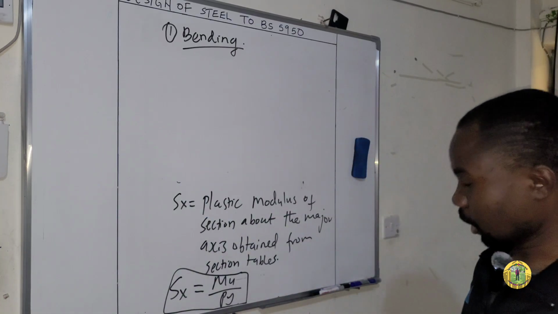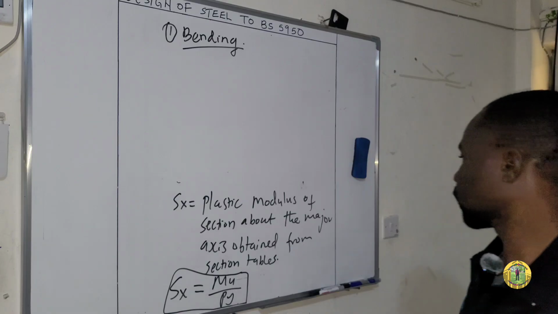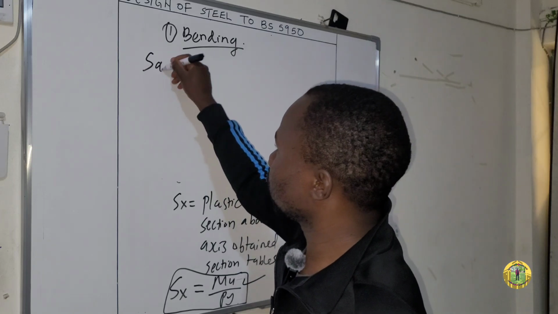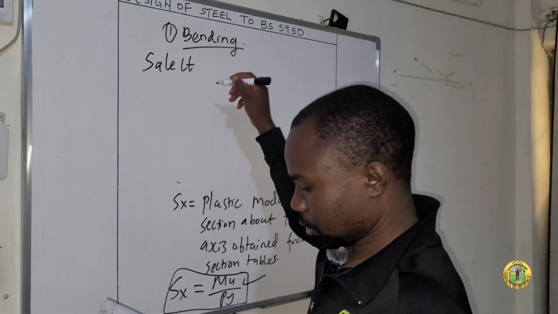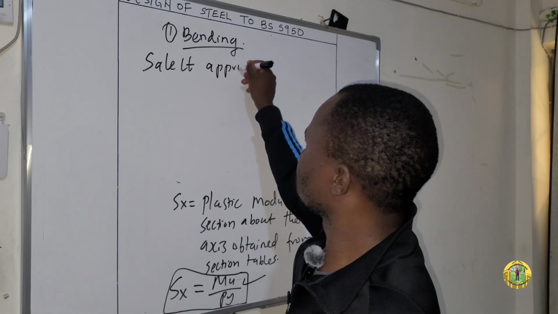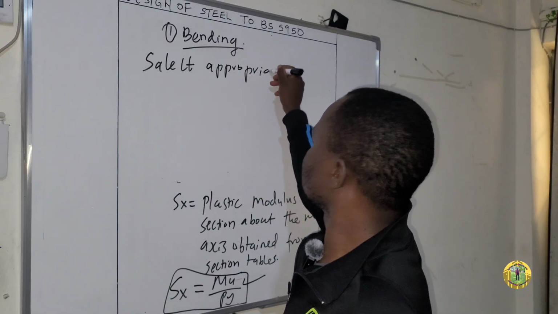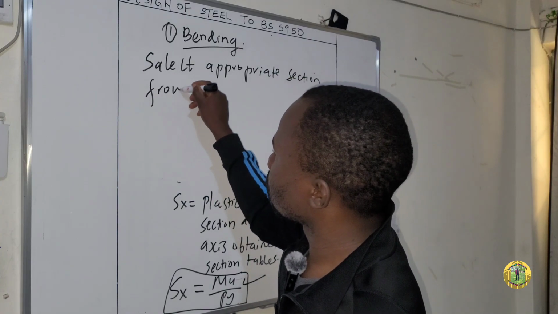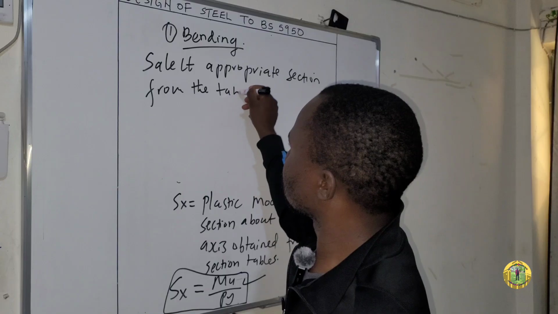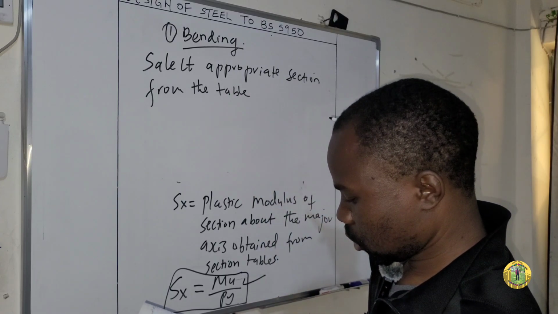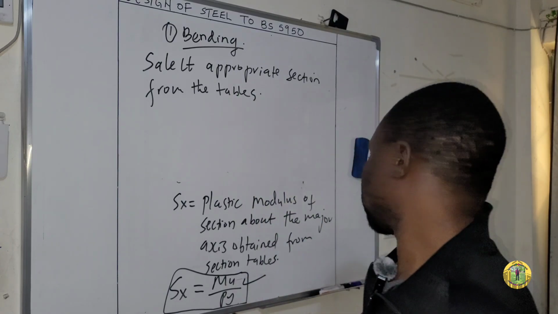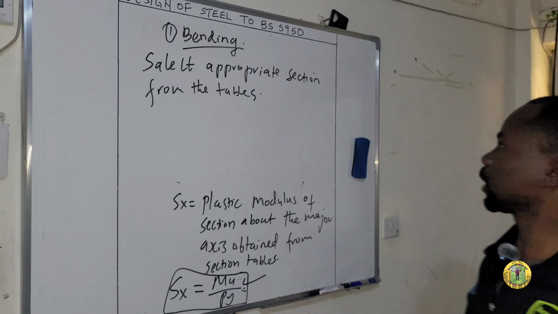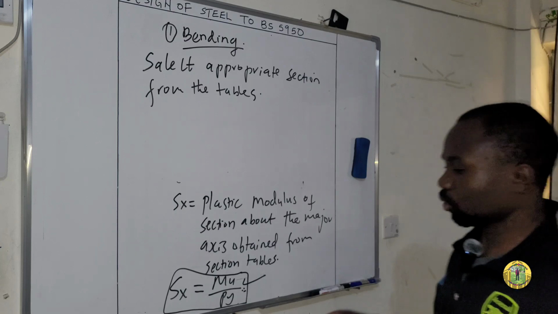Now, after calculating Sx, you select an appropriate section from the tables. The value here will help you to select the appropriate section of steel from tables.